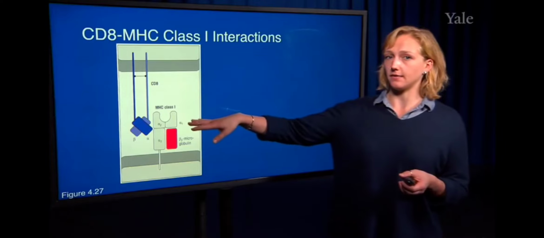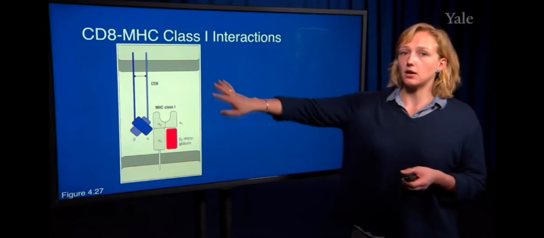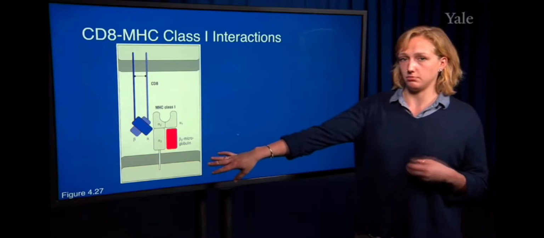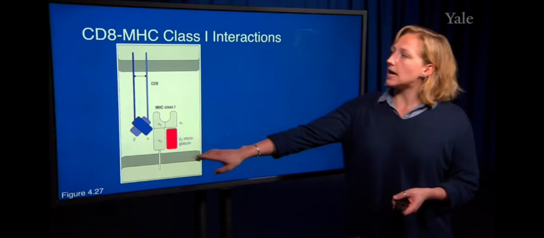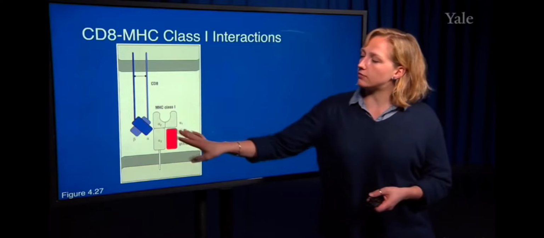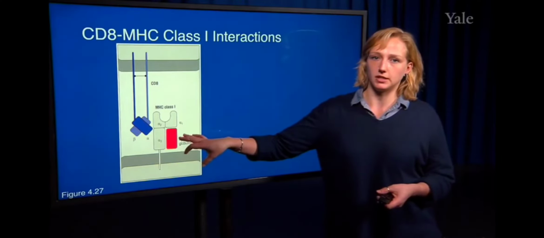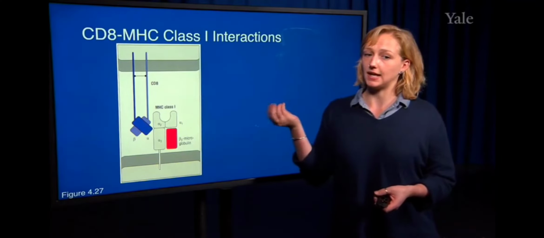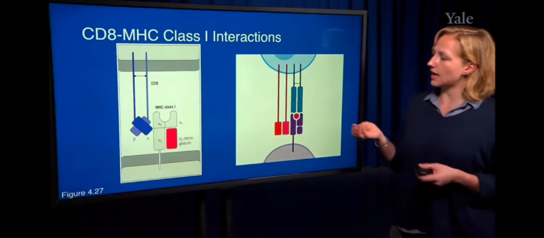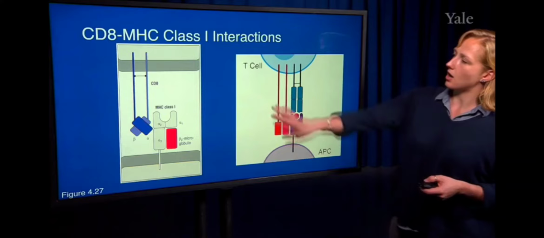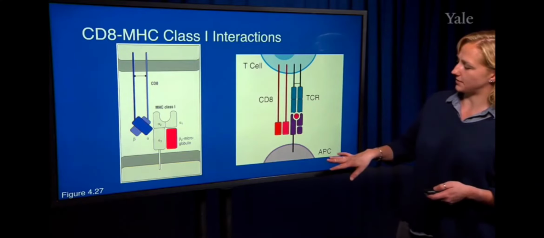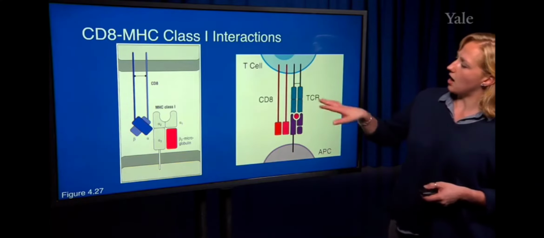When a T cell comes in contact with a cell that is infected or has an MHC class I molecule, CD8 will actually form interactions with MHC class I, allowing for a tight interaction. Then, this schematic is a little bit different, but we have our T cell here, our antigen-presenting cell here, our T cell receptor here, and our CD8.